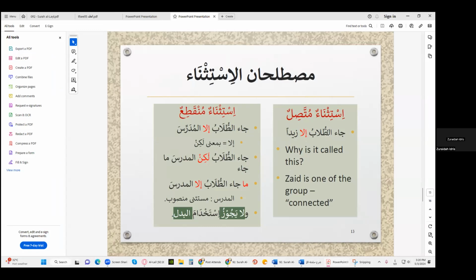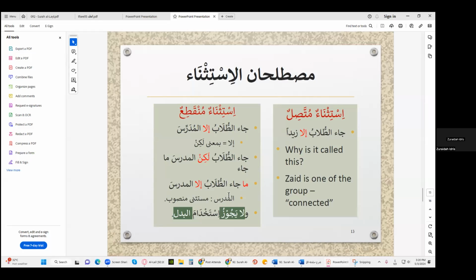But in this case, we are saying the students came except for the teacher. It's different. The teacher doesn't belong to the students. He's in his own right a person, not a student, he's the teacher. So in this case, it's munqati.